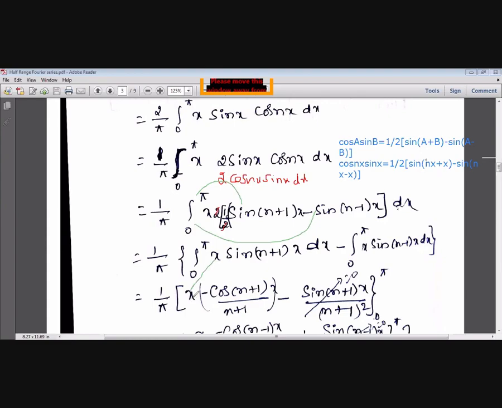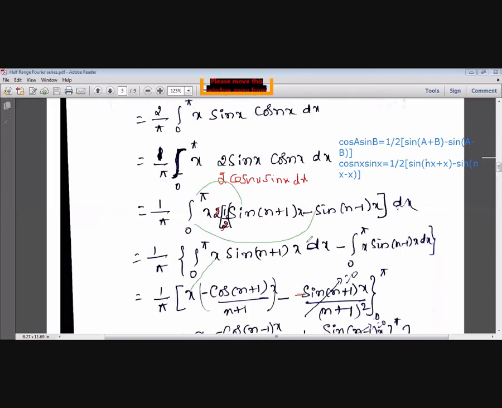Minus differentiation of this, which is 1, times integration of this, which is minus sin(n plus 1)x by (n plus 1) whole square. One minus is left here. Write that minus sin(n plus 1)x by (n plus 1) whole square between 0 to pi.